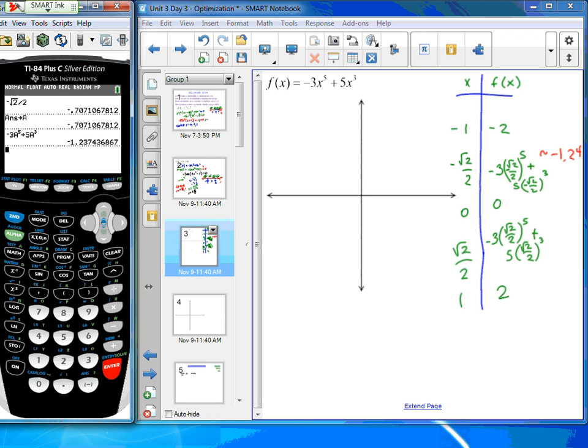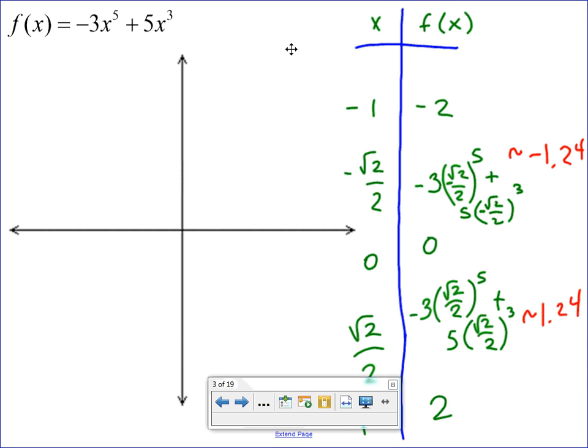And so is this going to be exactly the opposite sign? Is that going to be about positive 1.24? All right. Let's see if we can do it. I'm pretty excited about this. So we're going to do -1 comma -2. That's about -1. Okay.